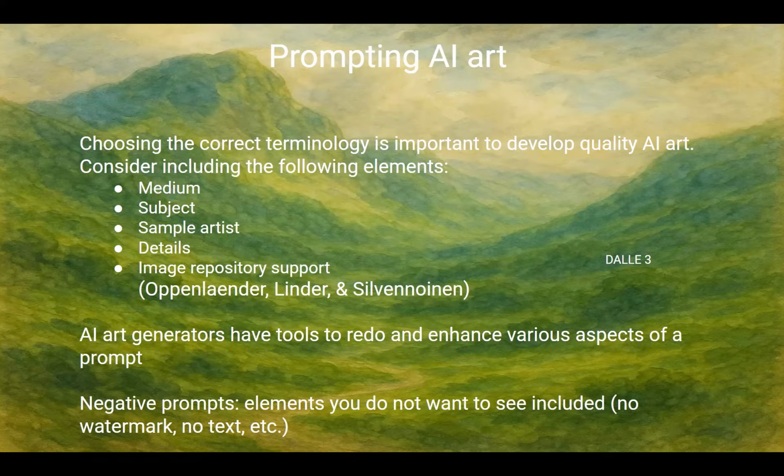So where the others might be considered positive prompts, saying this is what I want to see in the image, negative prompts can take out stuff that you do not want to see in the image, such as you might say no watermark. We'll talk about watermarks later on in the presentation, but maybe you also don't want to see any text in the image as well because these tools do not generate text very well.